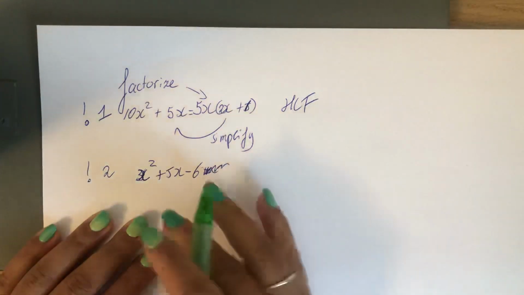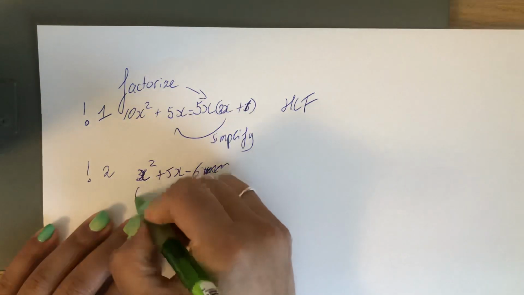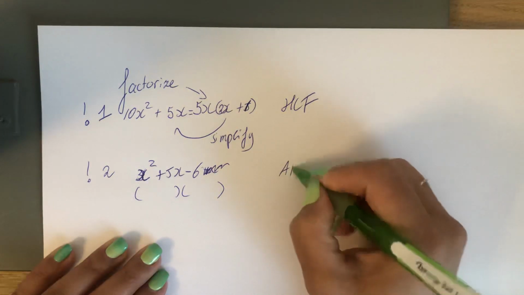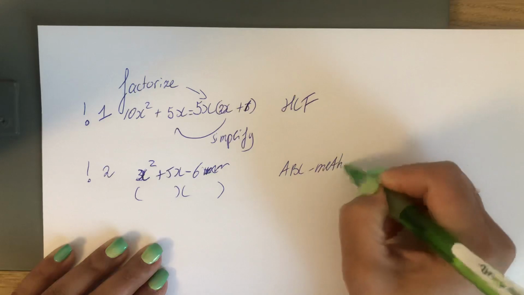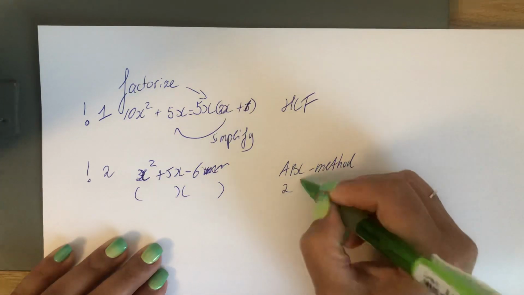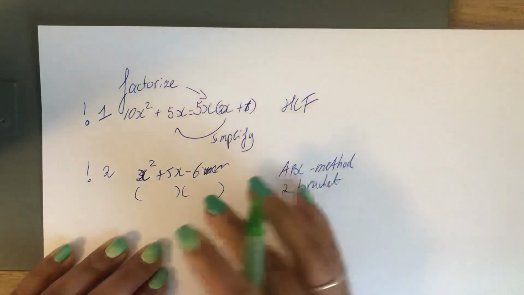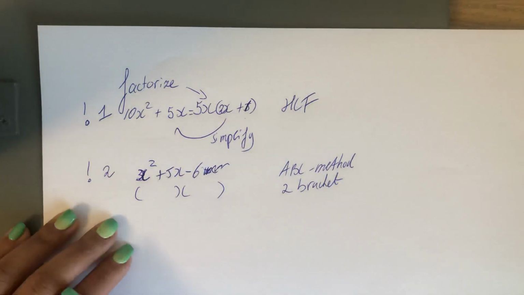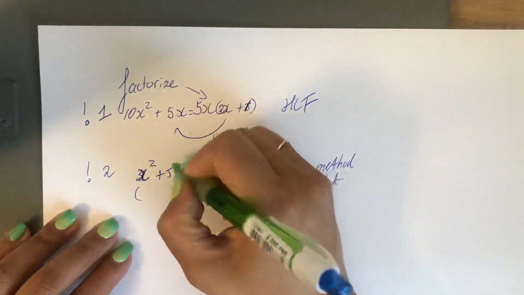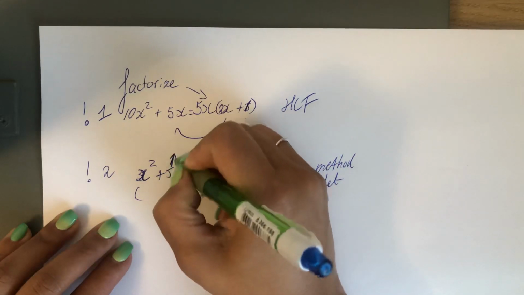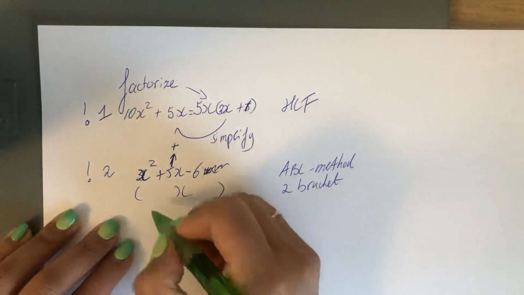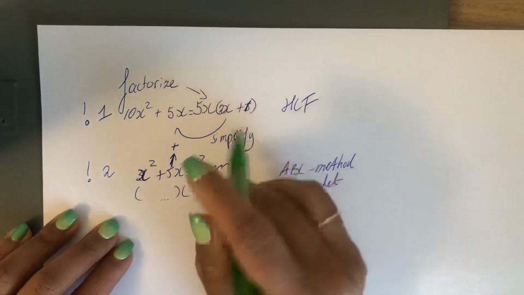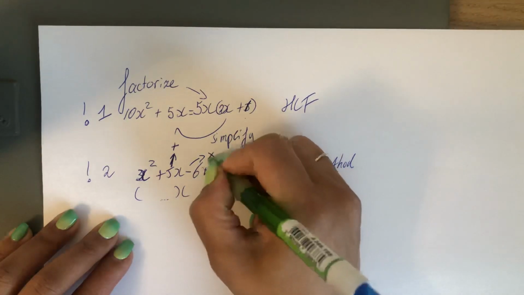When you have this, you can use what we used in class, the ABC method, or we call it the 2-bracket method. So you remember that this is like 1 bracket, 2 brackets. What you have to do is make sure that the plus 5 is the addition of the 2 numbers that will go here and here, and the minus 6 is the multiplication.